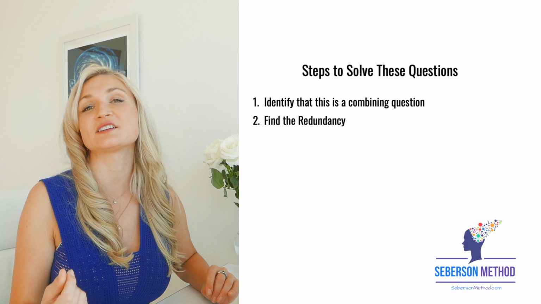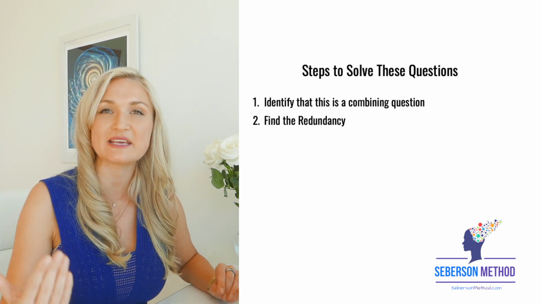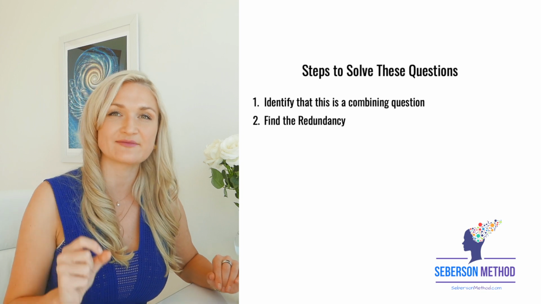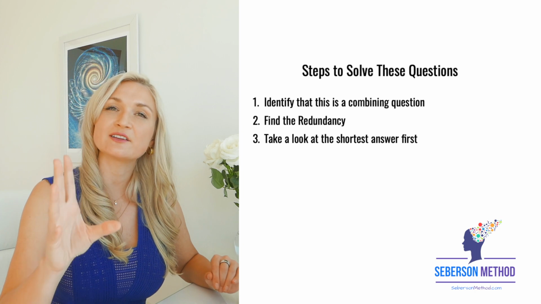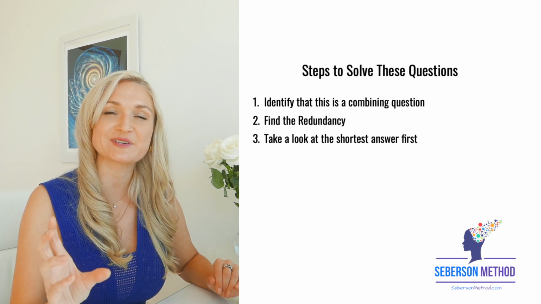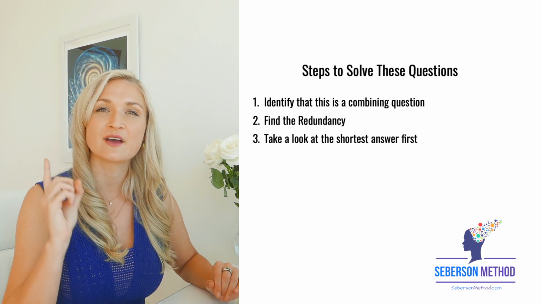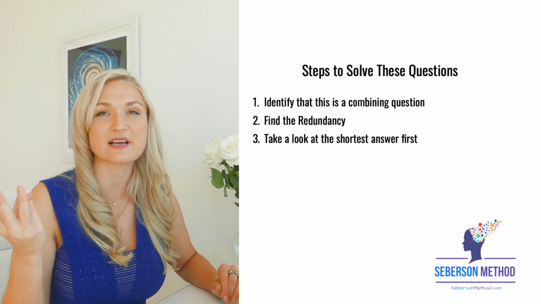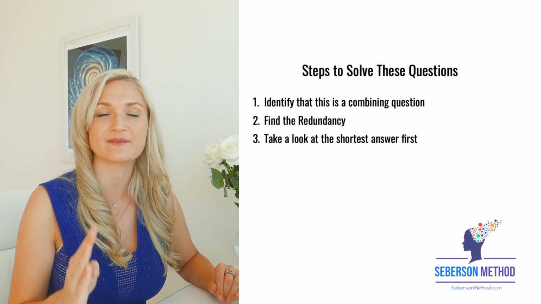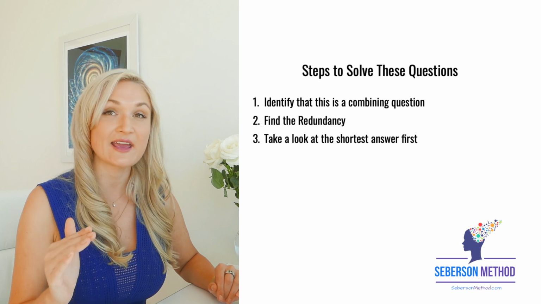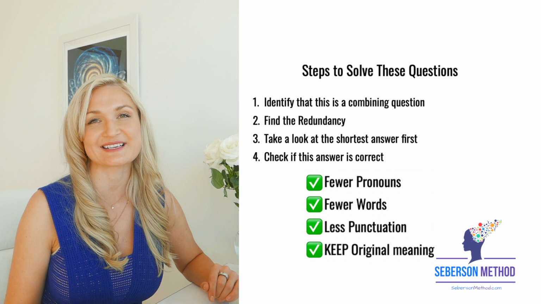The reason the College Board is asking you to combine something is because something repeats, something is redundant. Third step, take a look at the shortest answer choices first. Identify whether they use fewer pronouns, fewer punctuation, fewer words, obviously, and whether they keep the exact same meaning. If they do, that is your right answer. If they don't, keep looking. And remember the patterns that we discussed in this video.